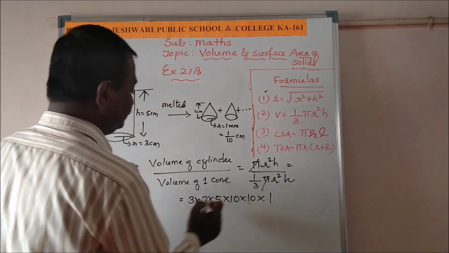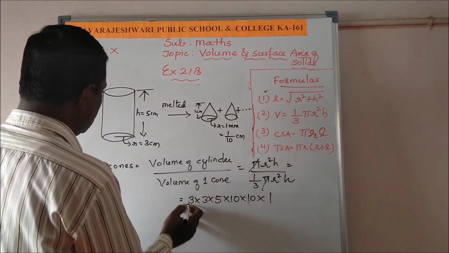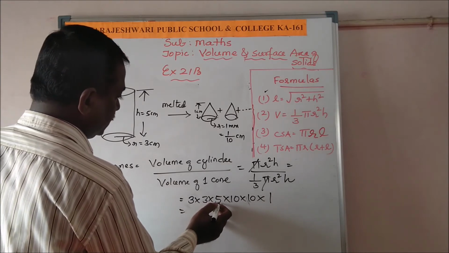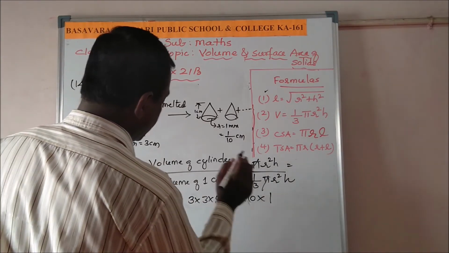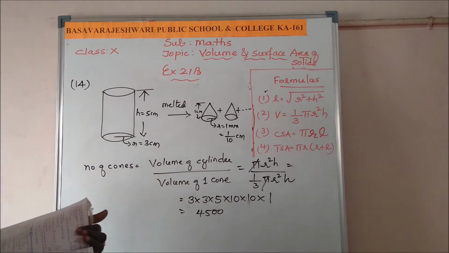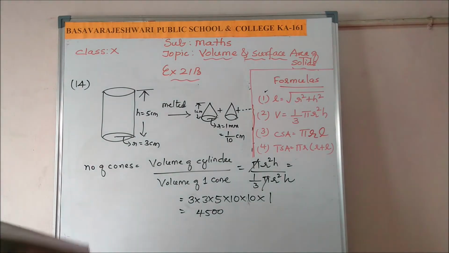That is 1. You have to multiply. 9 5s are 45 into 100, that is 4,500 cones. So the answer is 4,500.